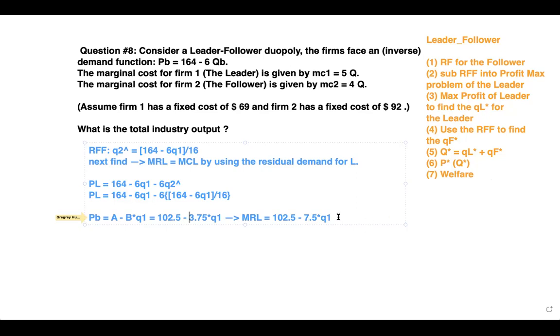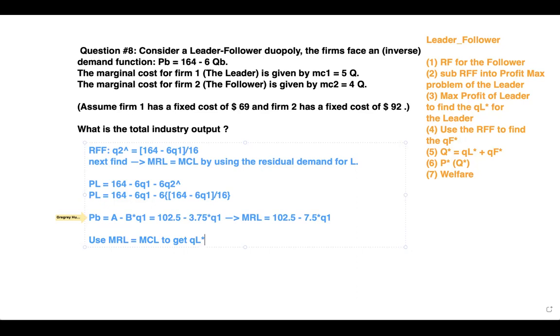Okay. So now all we have to do is use the MRL equals MCL to get our profit maximizing quantity for our leader. So I'll put use MRL equals MCL to get QL star.